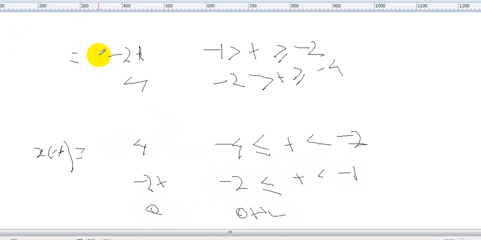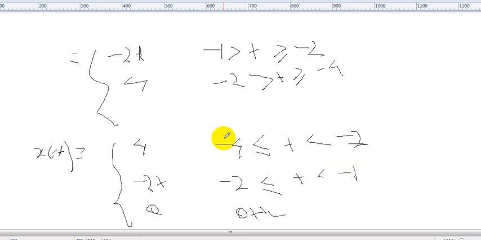So what happened here? The signal initially, x of t, was from 1 to 4, and when we rotate the signal along the y-axis, we get x of minus t, and the signal is now from minus 4 to minus 1.